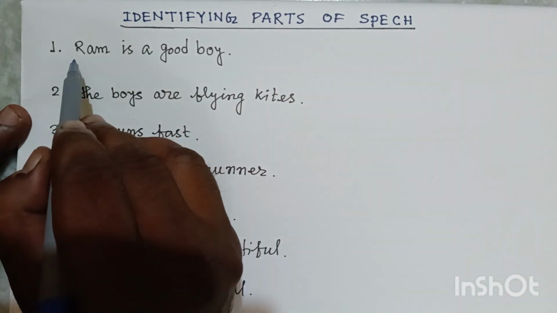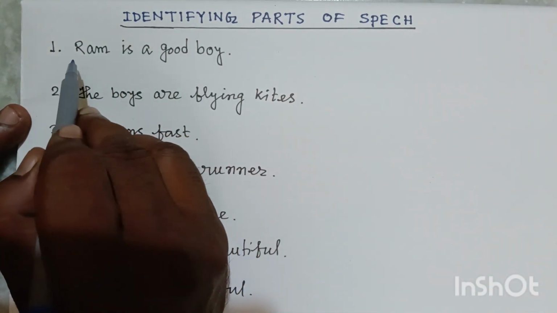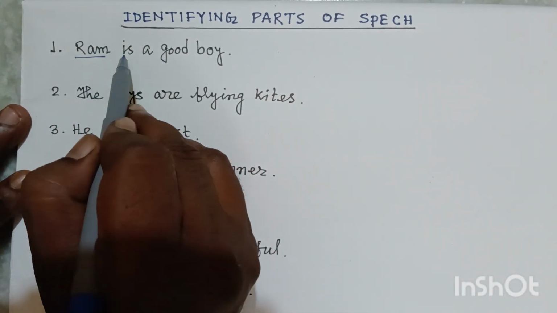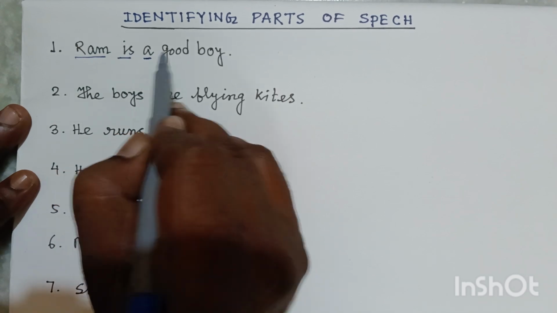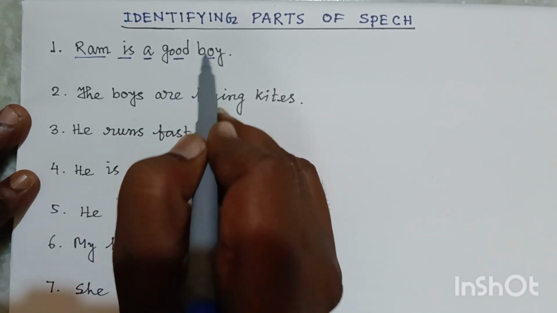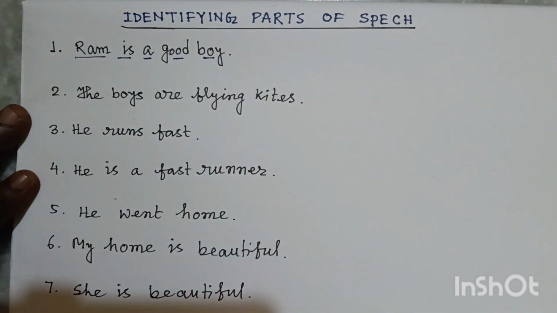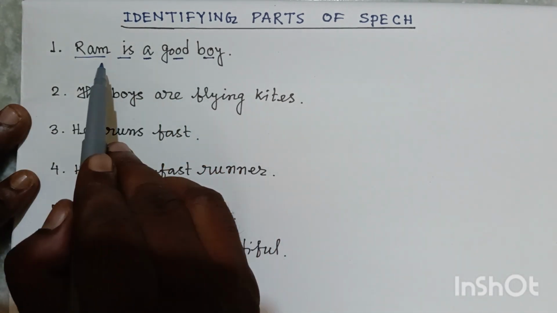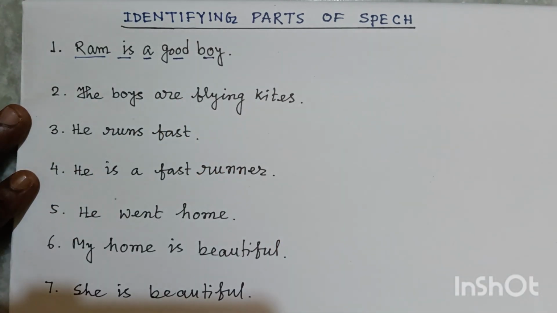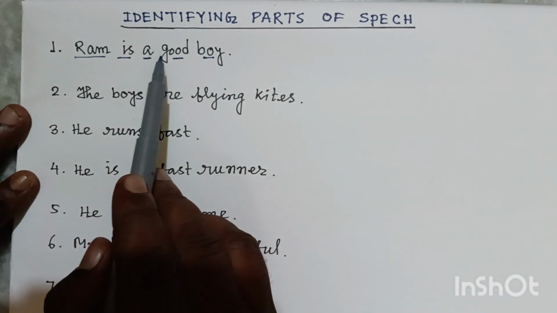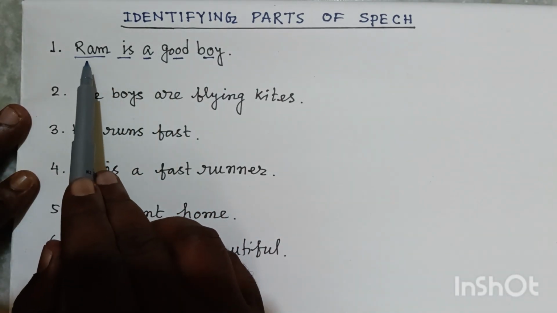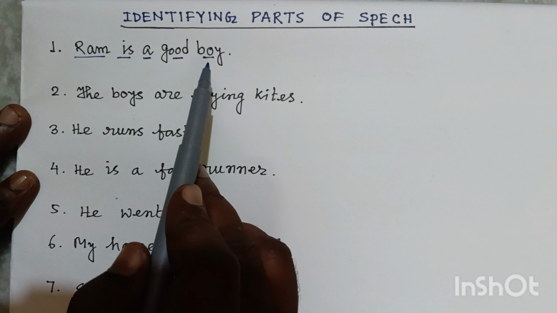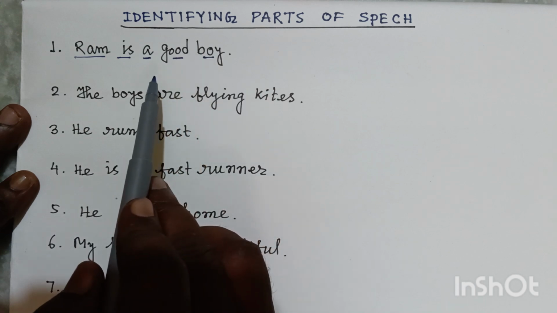Actually, my dear friends, here these words, Ram is a good boy, these are words, and this group of words conveys a particular meaning. That is why it is called a sentence, and from that sentence only we can find out the part of speech.